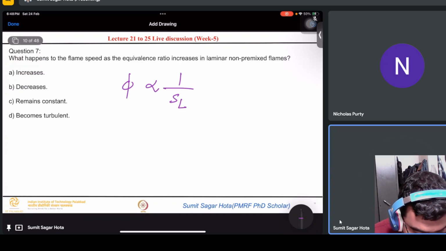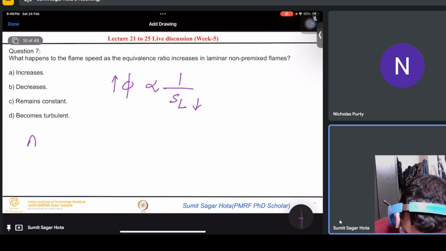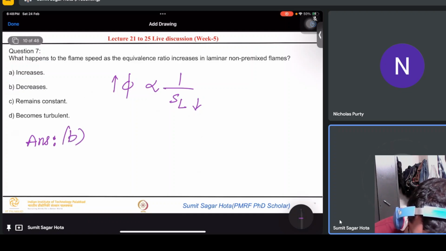The flame speed is proportional to the equivalence ratio. If this will increase, obviously the flame speed increases. The answer is B.